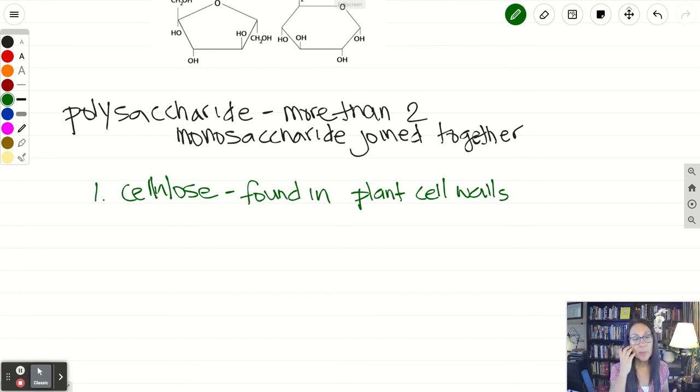They're kind of soft. But plant cells have very rigid cell walls, and they are made of a lot of cellulose. And cellulose is long chains of glucose molecules. So I'm going to say found in plant cell walls, and it is made of long chains of glucose molecules.